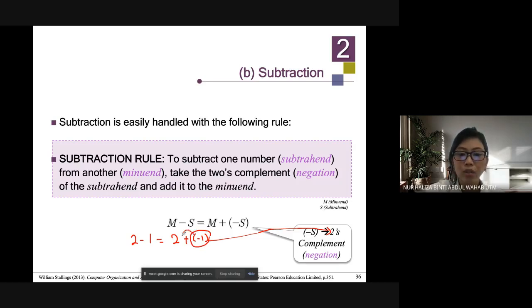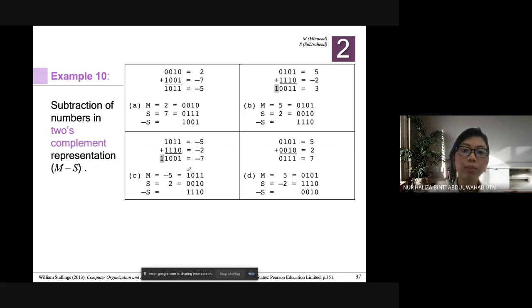So basically, you're just going to add. So this is the example. You are having 2 over here. You need to minus 7. Okay, this is the question for this example. Then you're going to change it to be 2 plus minus 7.